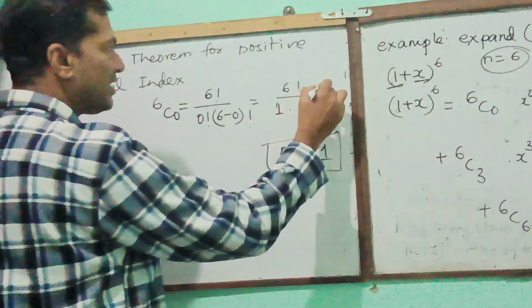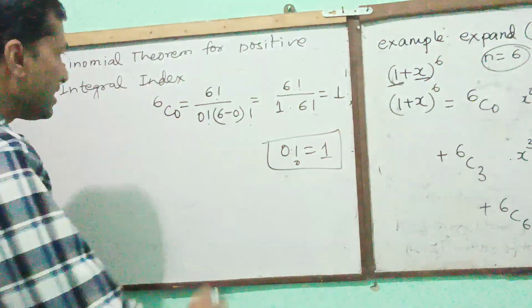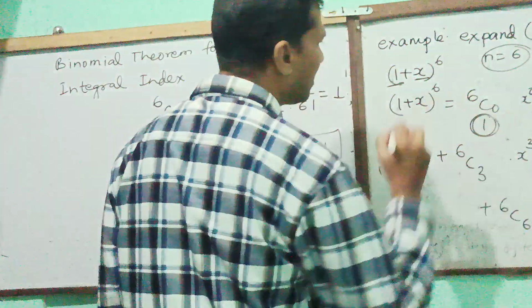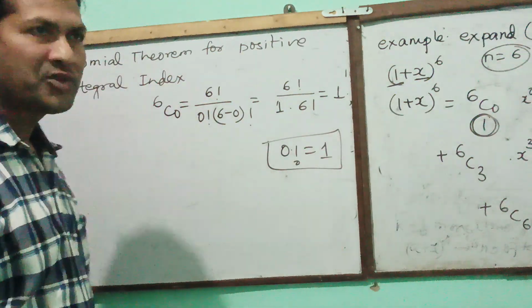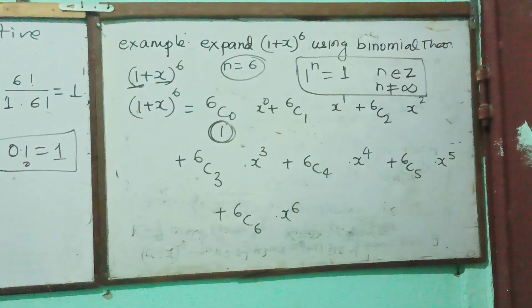So finally we are getting this as 1. Clear? 6C0, this is the first term from beginning, and it is equal to 1.